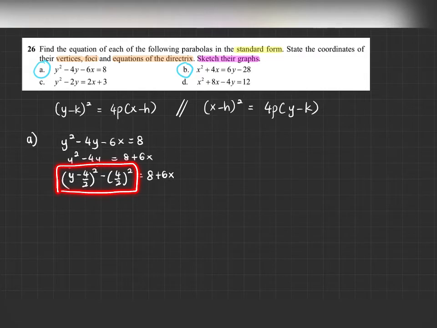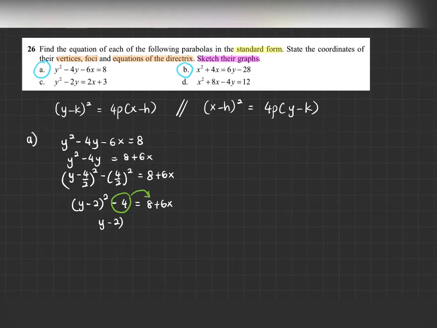The next thing is to simplify: (y - 2)^2 - 4 = 8 + 6x, and we move the negative 4 to the right side. So we have (y - 2)^2 = 6x + 12, since 8 plus 4 is 12.